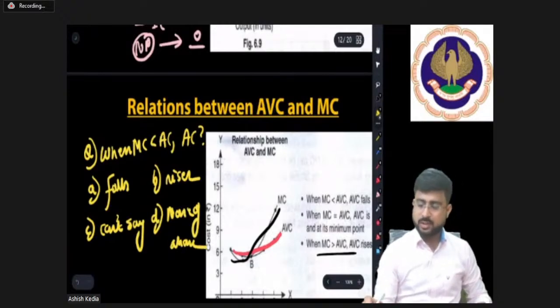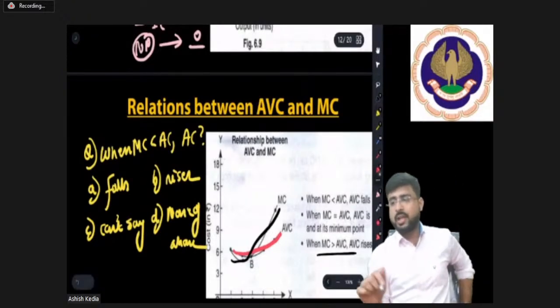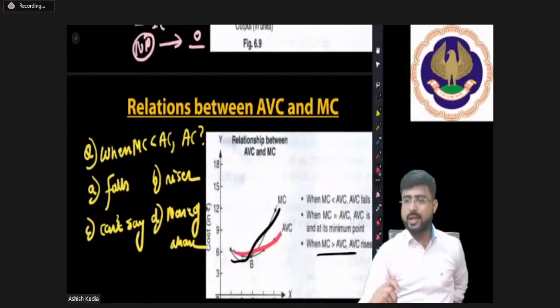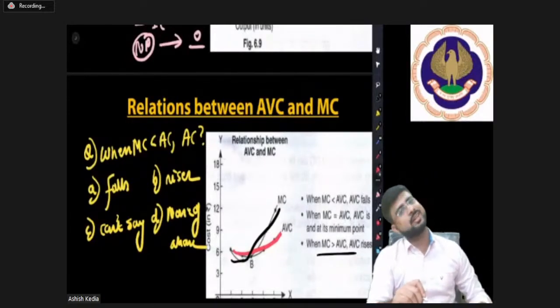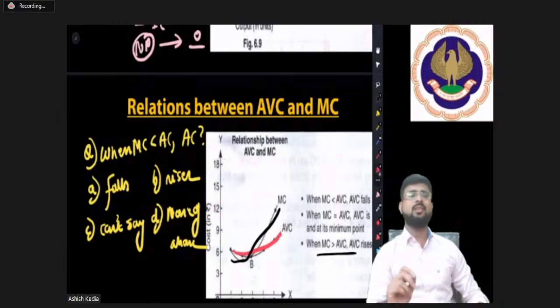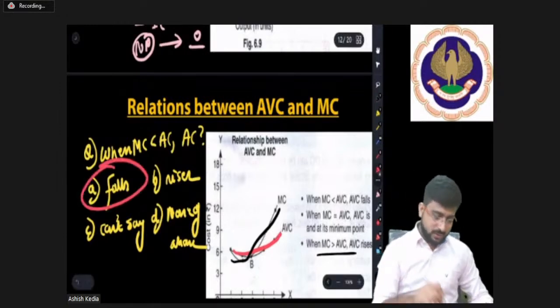What do you think is the answer, guys? Come on everybody, I need your answers. It's MCQ time. Yes, you all are absolutely correct. When MC is less than AC, AC falls.